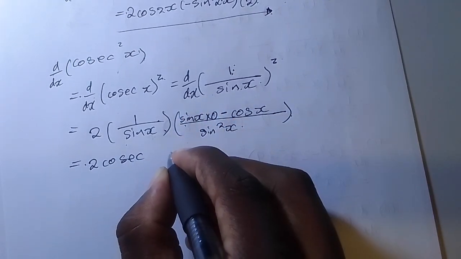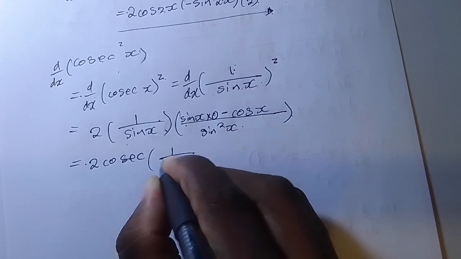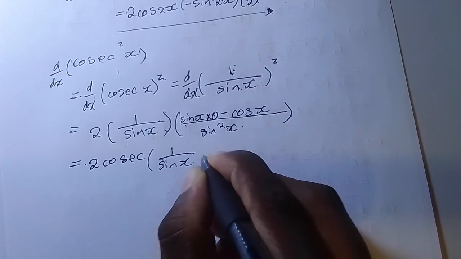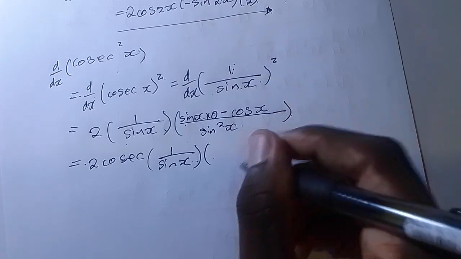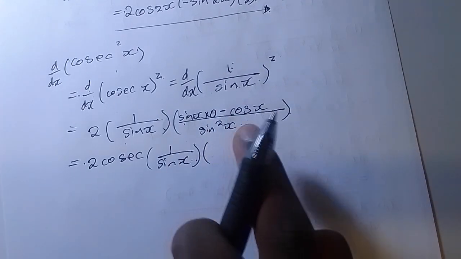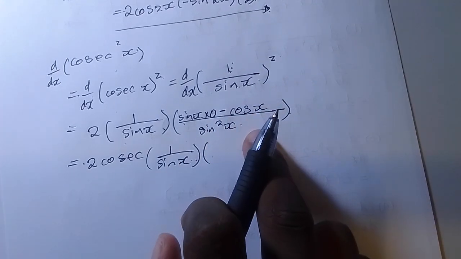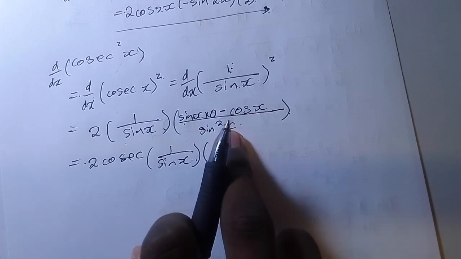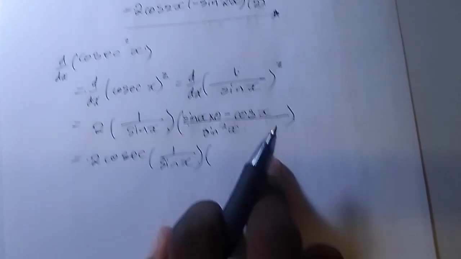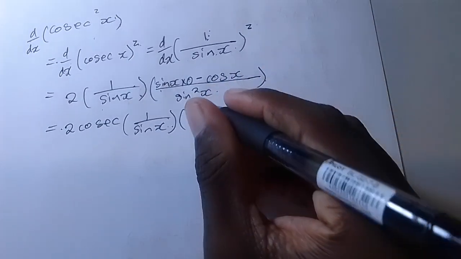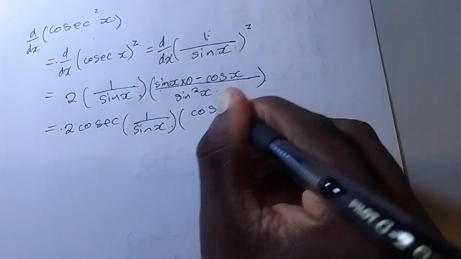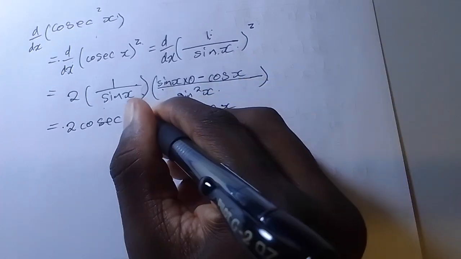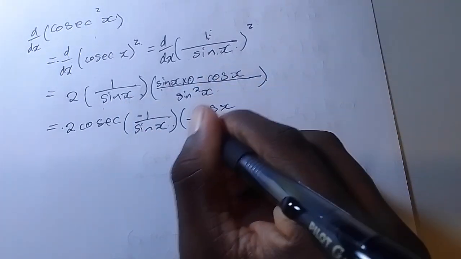I want us to say 1 over sine x multiplied by, I'm doing the simplification for these because I think this is the one that we are not used to as compared to the other ones which we are used to. So I just want to do this so you get to know how to do it. Cos x, I say negative here, cos x over sine x.